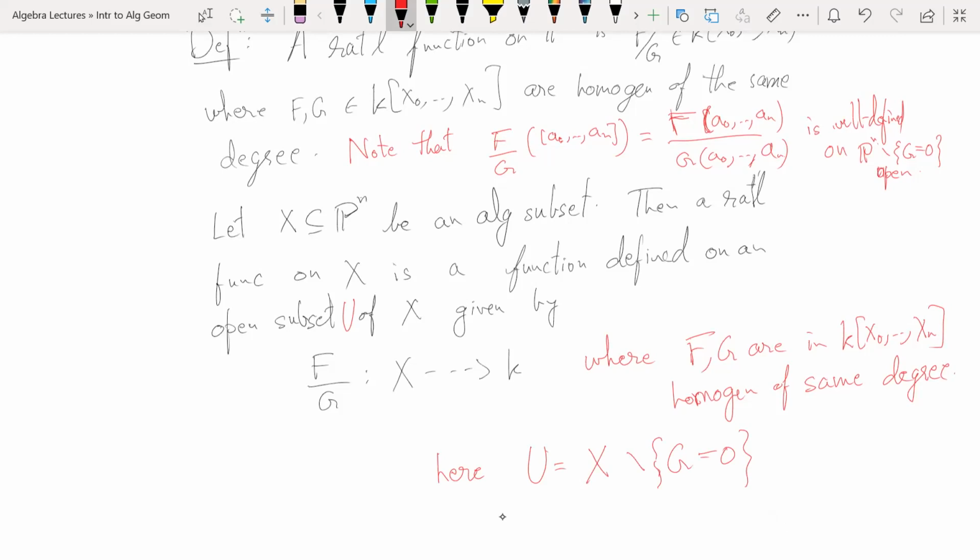So you also have to impose that g is not identically 0 on X, or another way of writing it is g does not belong to I(X), the ideal of definition of X. So this is the definition. Maybe next time we will discuss more about rational functions. So maybe this is a good place to stop.